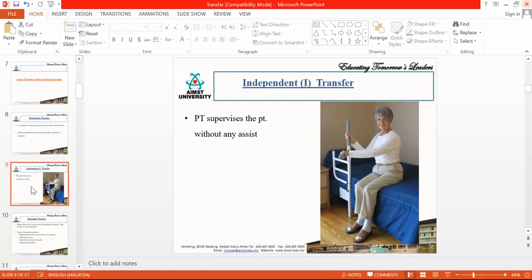The next subclassification is where the person needs to be supervised by the physiotherapist. Maybe for a few days whenever the patient is in the hospital, we will be supervising how they are walking, how they are getting up from the bed. So these are the two types of independent transfer.